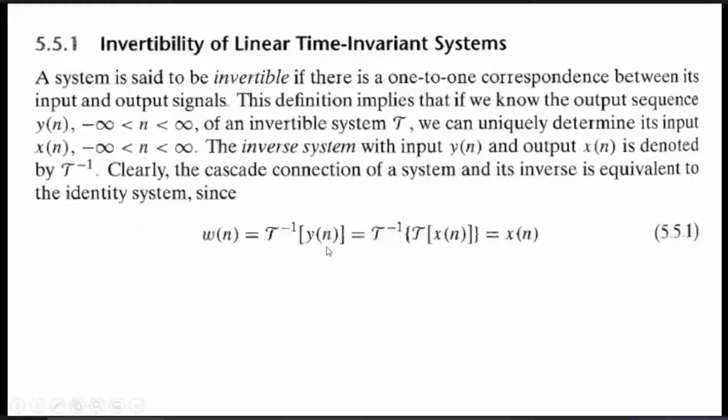Now we pass that y of n to the inverse of that tau, called tau inverse. You will get the output x of n of the inverse system.